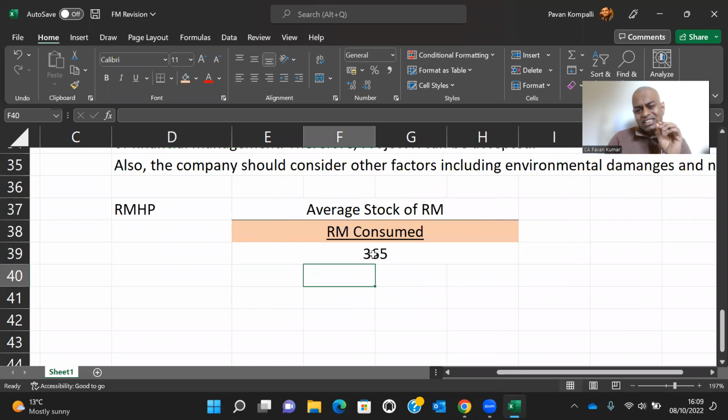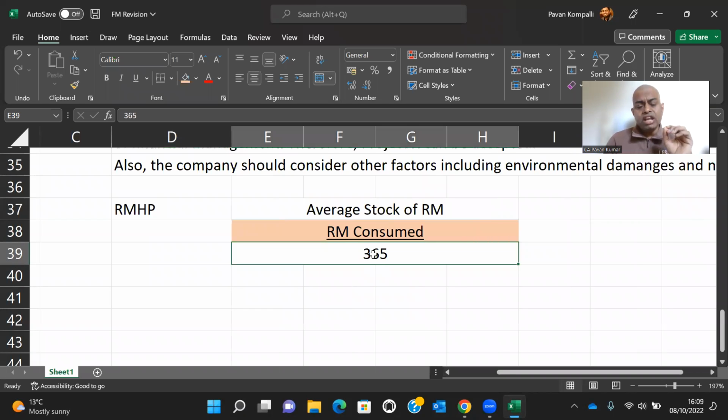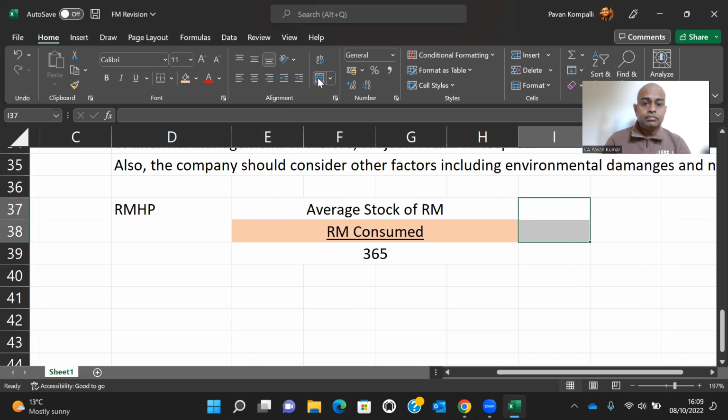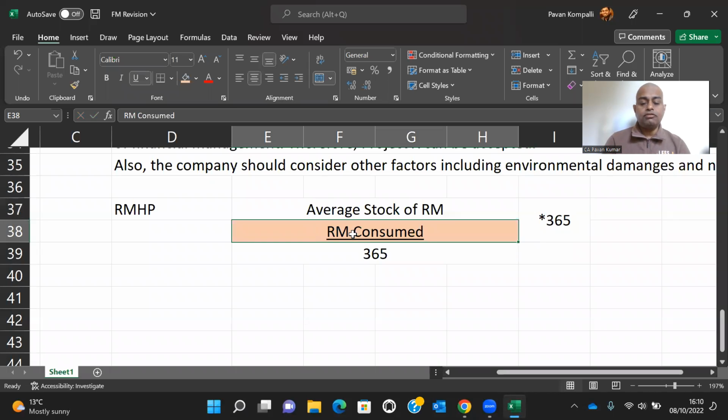So can I remove this 365 from here? It is looking very odd. So what I do is I will put this into 365 here. So this is your formula. Simple.